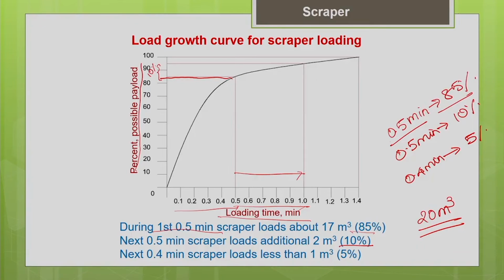This curve clearly shows that only for the first 0.5 minute the loading rate is good, 85% filled. Beyond that, the rate of loading reduces, because the next 0.5 I have loaded only 10%, and the next 0.4 only 5%. That means we should not try to load it to its fullest capacity. We are actually wasting our time by trying to do that. So find the optimum loading time by drawing the load growth curve.